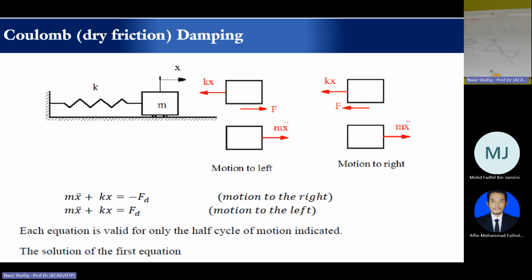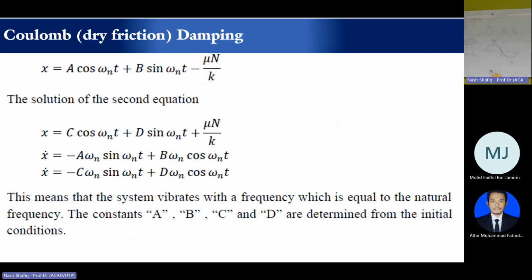With this negative and positive, the first equation solution is minus mu N upon k, and the second equation solution is positive. Now we are not going through all the derivation, right? That is from the undamped part.